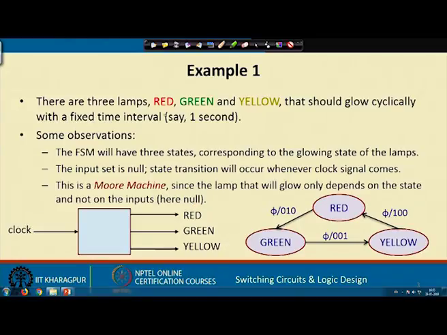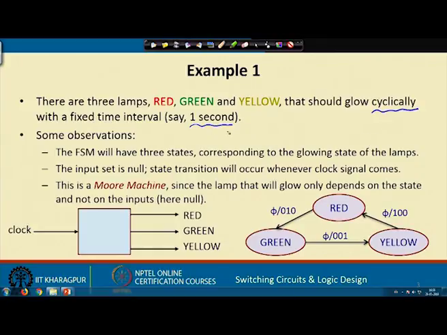There are 3 lamps, red, green and yellow, that glow cyclically. That means first red, then green, then yellow and again back to red, with a fixed time interval, let us say 1 second.